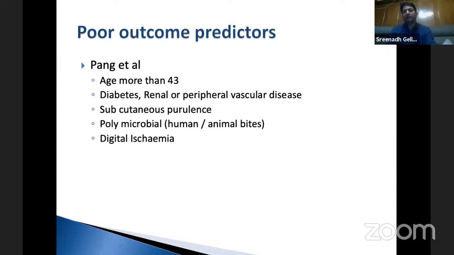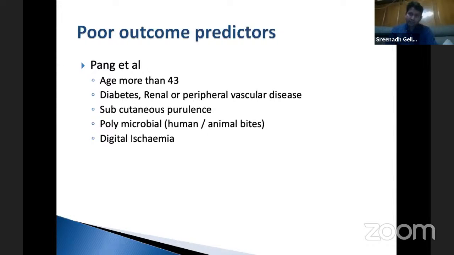In the photograph you can see subcutaneous purulence, human bite or dog bite marks, and if there is any blueness at the tip of the finger, you can say that there could be digital ischemia. All of them are very poor prognostic factors.